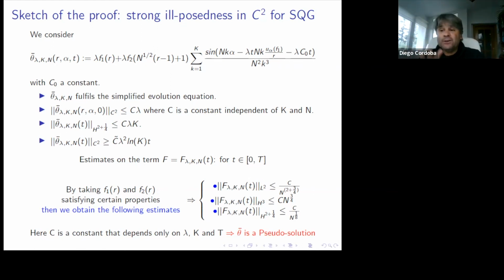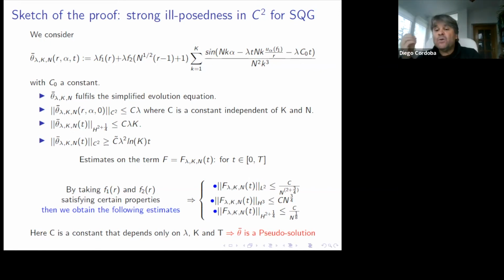They are radial functions supported in annuli, say F2 is supported only in one region and F1 is supported in two annuli. And with certain properties, we can estimate the bounds of the norms of F, the source term: the L2 norm, the H3 norm, and the H2 plus 1/4 norm, in terms of capital N.